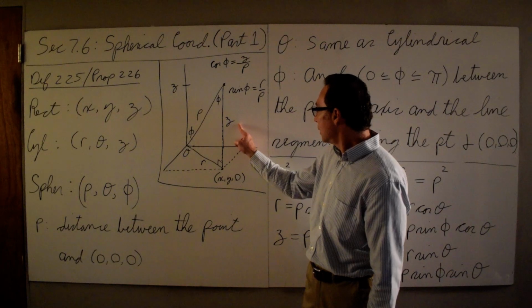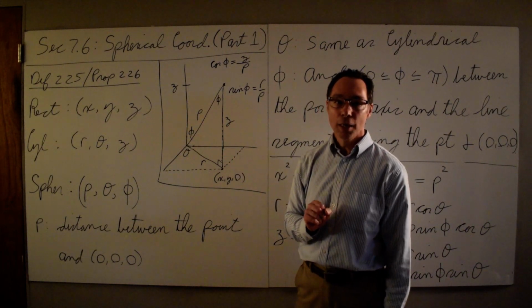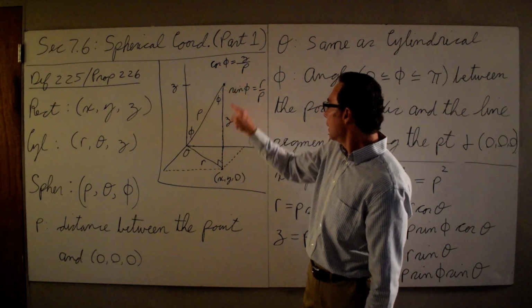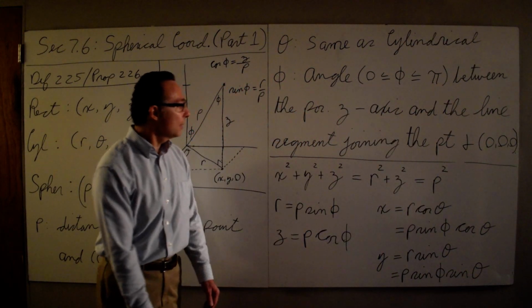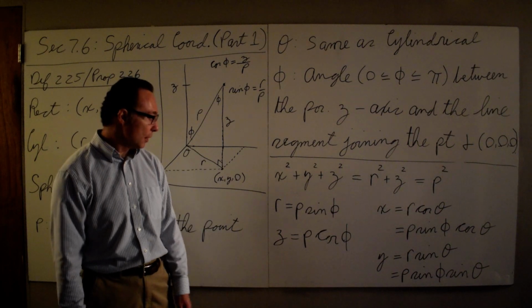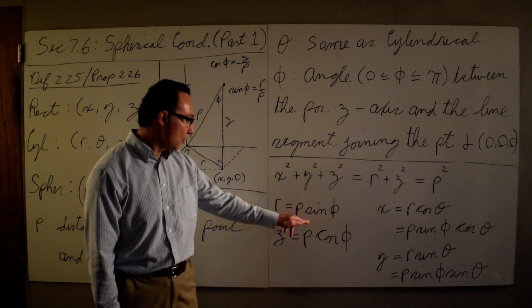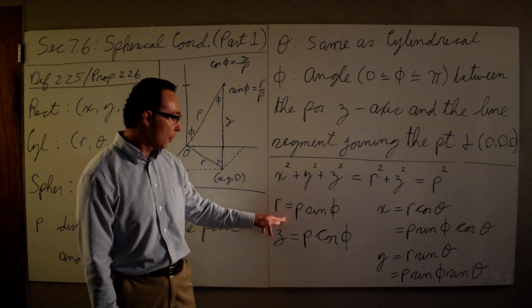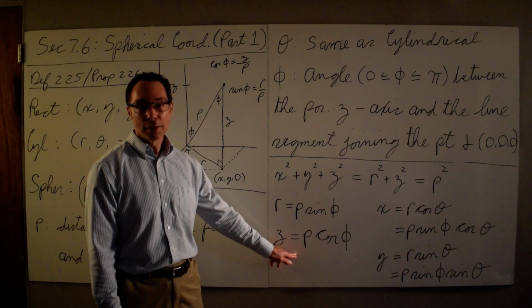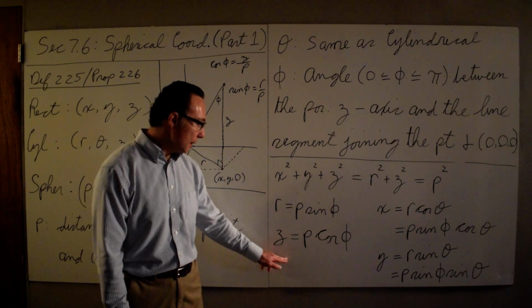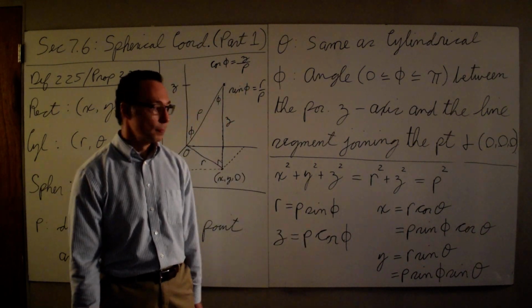Cosine is adjacent divided by hypotenuse. And so cosine of phi is z divided by rho. That gives us some of these equations here. Because sine of phi is r divided by rho, r is rho sine phi. Because cosine of phi is z divided by rho, z is rho cosine phi.